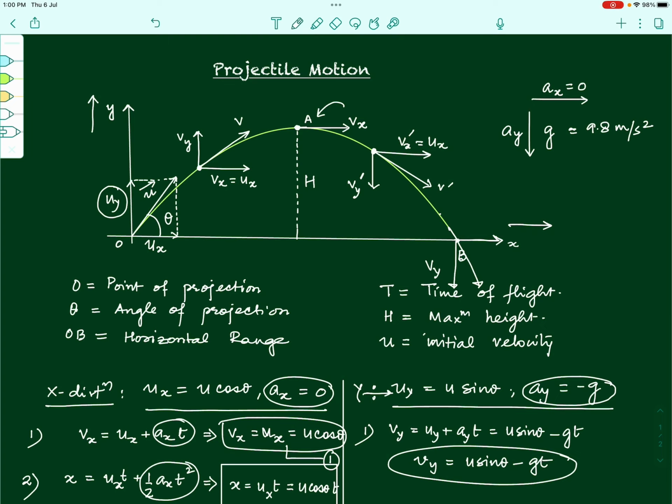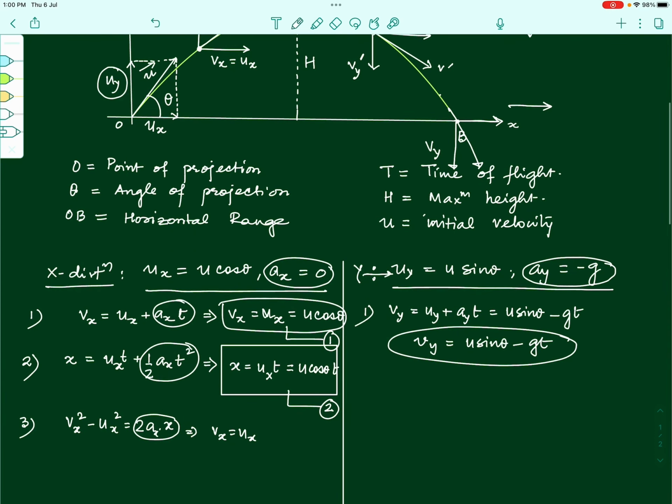So, that means that the velocity along the y direction keeps on decreasing from the starting position, reaches a 0 value at the point A, and after A it becomes negative and it starts increasing in the negative direction. Okay. So, we can number this equation, let us call it equation number 3.